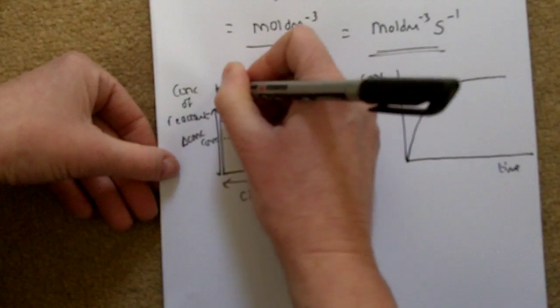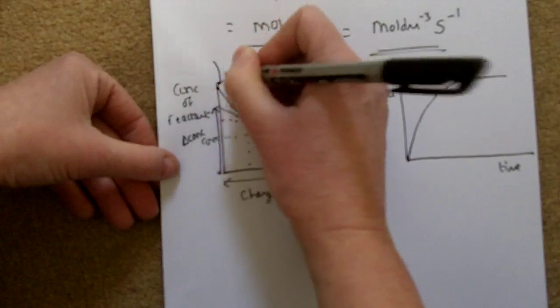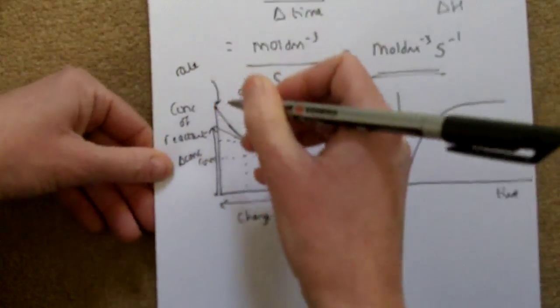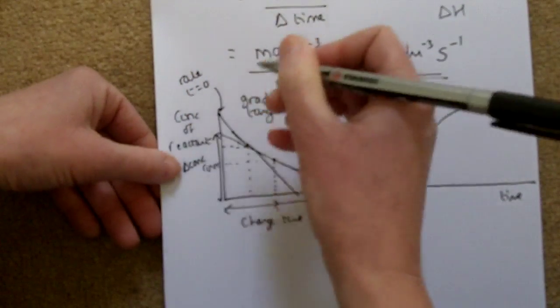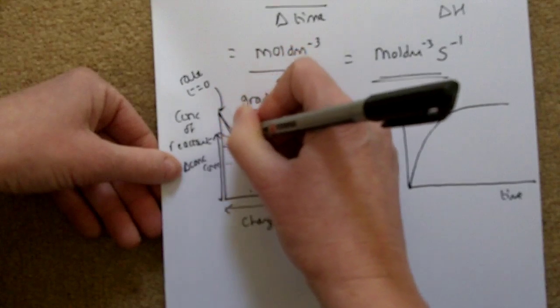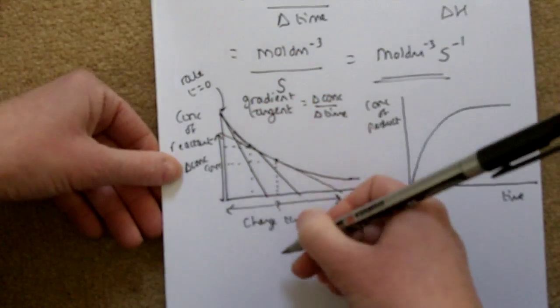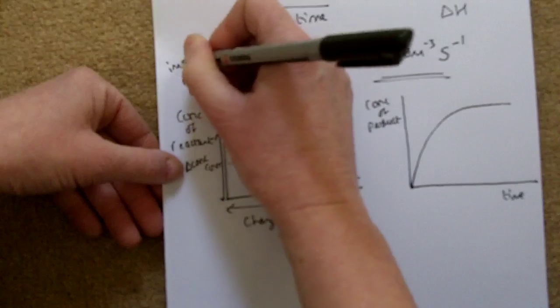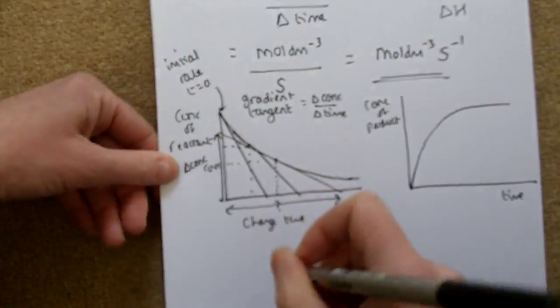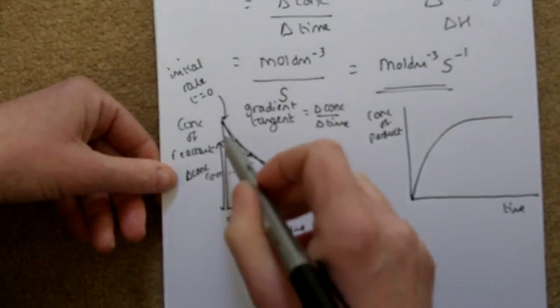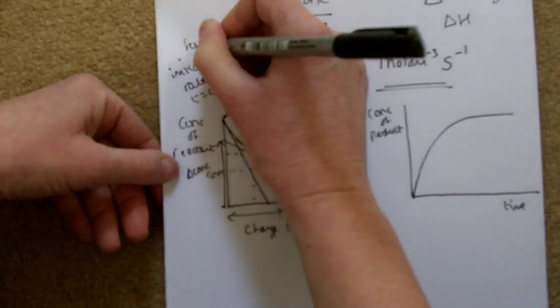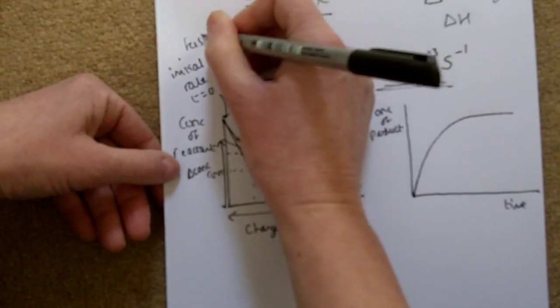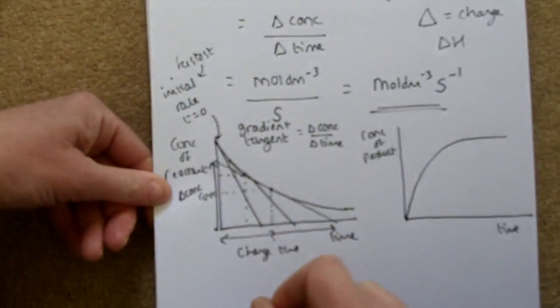And if I find the rate at time 0, it's going to be very steep. The tangent is going to be very steep, and that's called the initial rate. That's when the reaction is at its fastest, because there are lots of molecules, lots of collisions per second.